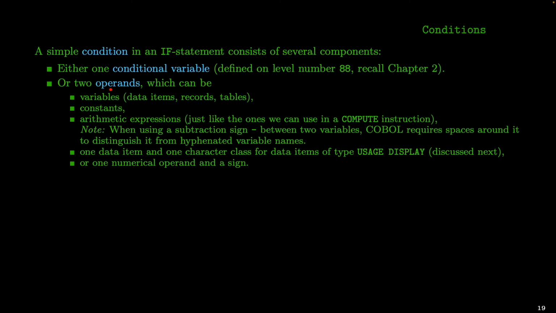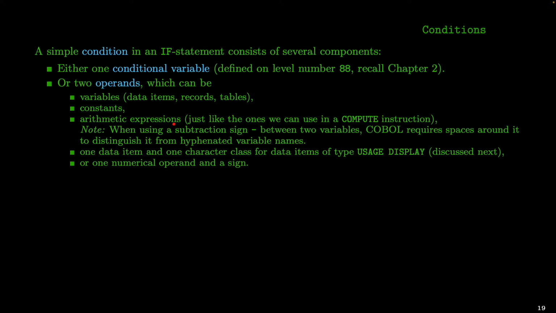Or we have two operands, which can be some of the following. Either we have variables, so there could be data items, records, or tables, or constants, like constant numbers or strings. We can have arithmetic expressions as operands in an if statement. And these could be the same ones that we use in the compute instructions, so they can actually be rather complex.